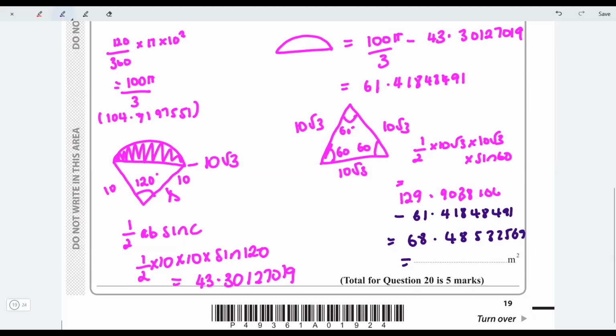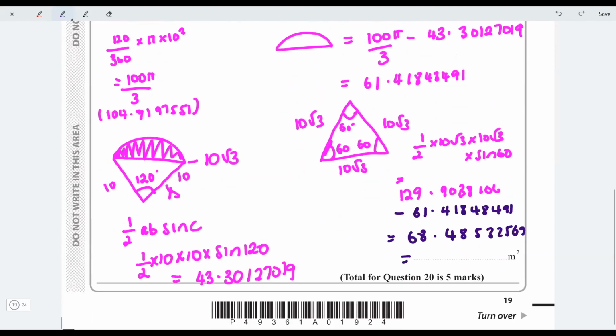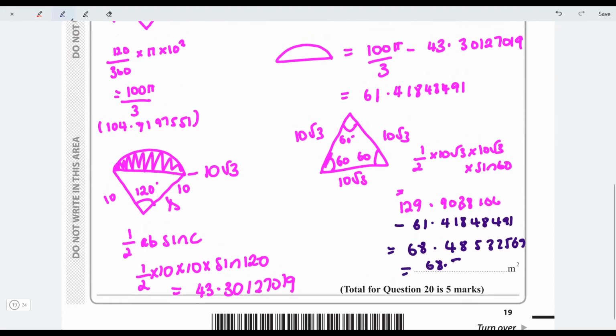What is that in what they want? 3 significant figures, 68.5. And there we are. You can see that some of the last few questions are quite tricky and need a lot more work to finish these questions off.